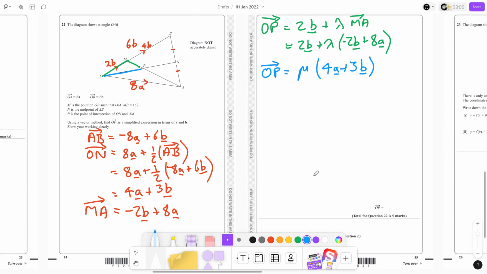And we know that those two must be equal. So we know that 2B plus lambda times (minus 2B plus 8A) equals mu times (4A plus 3B).